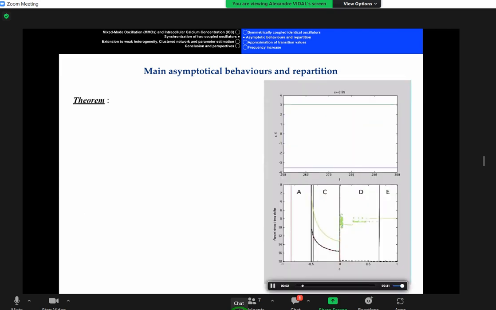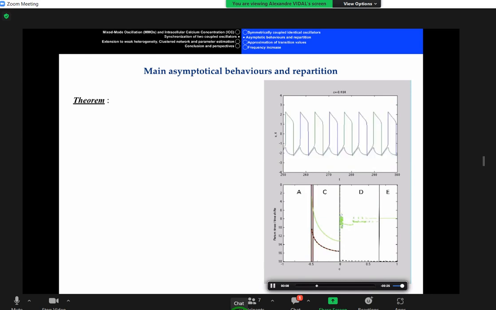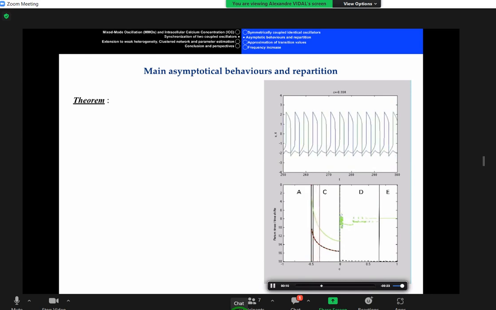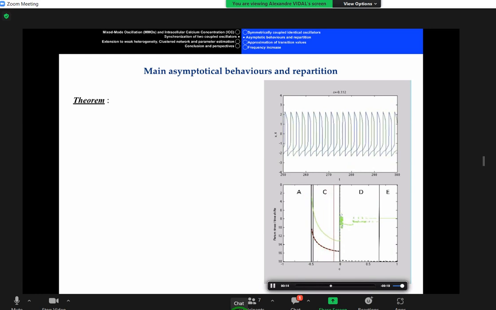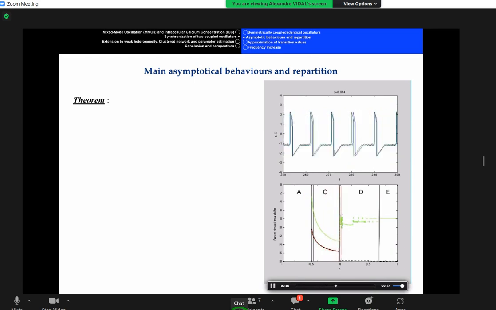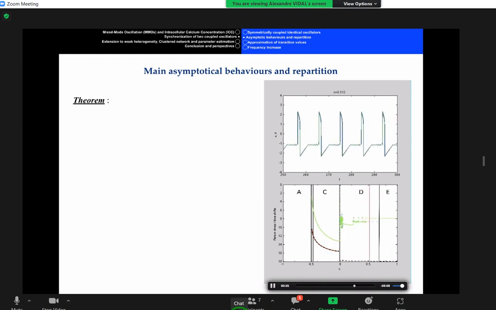Okay, so we have C that is increasing, and we have x1 and x2 above. And here we pass through antiphase synchronization for the whole value region of C. Then we have almost in-phase or perfect in-phase synchronization of MMOs for values of C from 0 to almost 0.7.